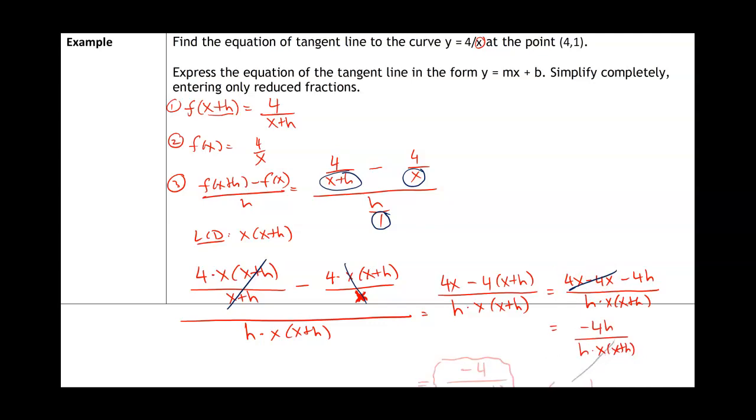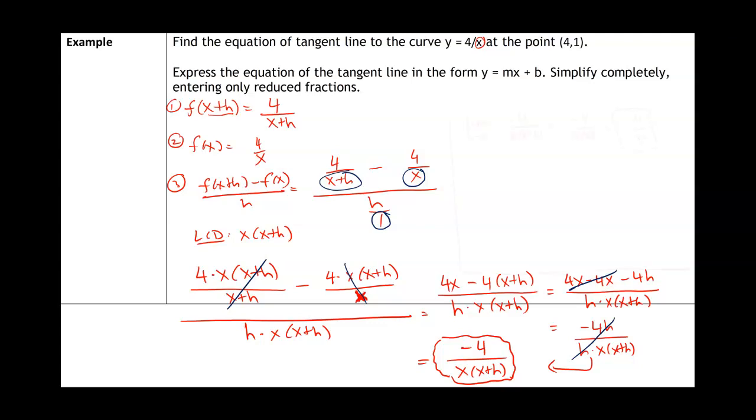So all I have is a negative 4h over h times x plus h. And now we have an h on top, h on bottom. Those h's cross out. So we're left with negative 4 over x times x plus h. This is just the difference quotient. Remember, there's a difference between the difference quotient and the actual derivative. This is just the difference quotient.